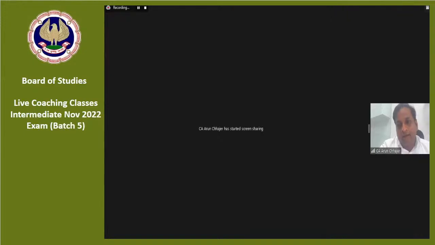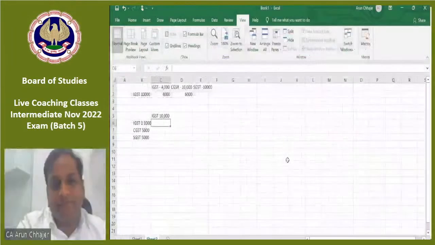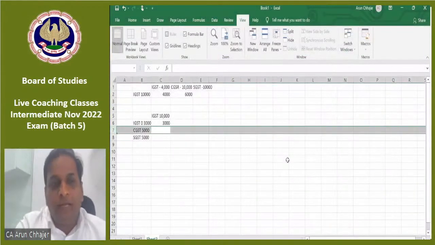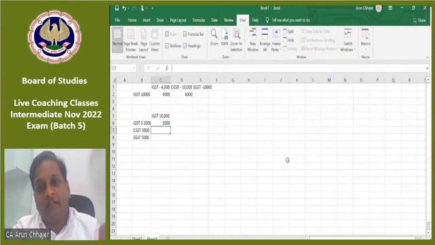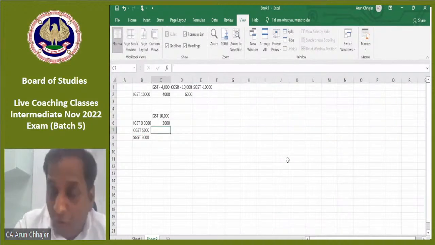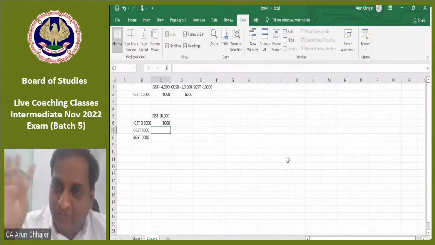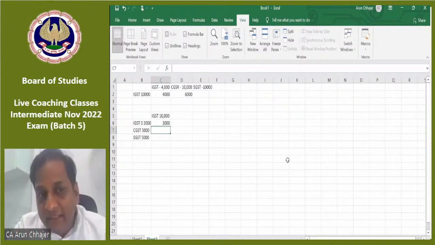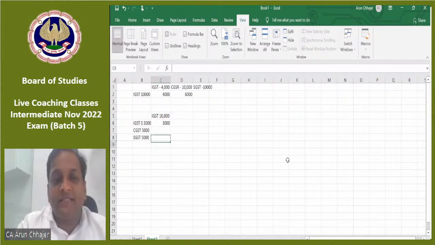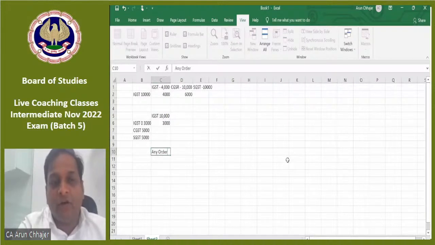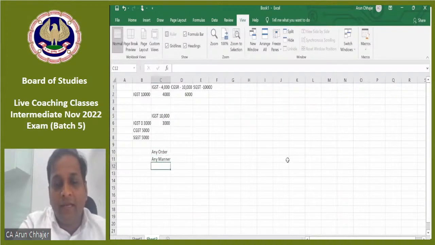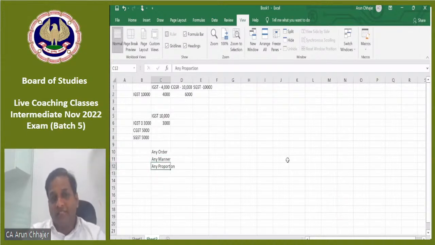This IGST will be given first to I. So I'm writing 3,000 here. Now what is the balance? The balance is 7,000. Now let me explain. For C or S, they are using the words any order, any manner, any proportion. What is the meaning?